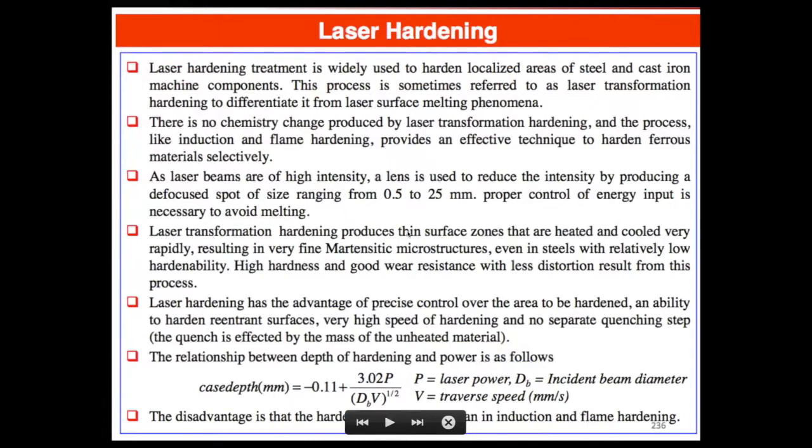So you have very thin surface zones that are heated and cooled, so you get very fine martensite near the surface. But if your shock laser power is high enough, you also get a shock pulse that goes through and gives you compressive stresses on the surface for a much thicker depth than the fine martensite, right? So you have resistance to crack opening at the surface as well, right?